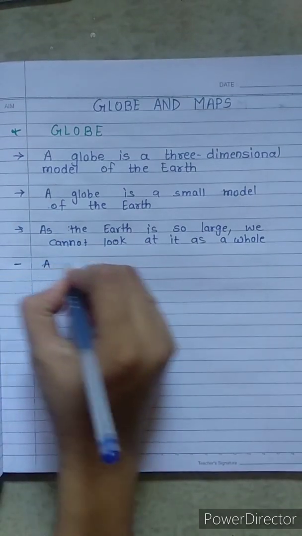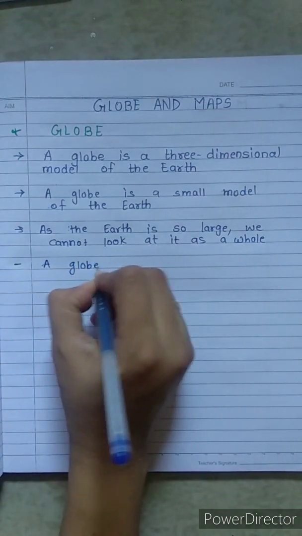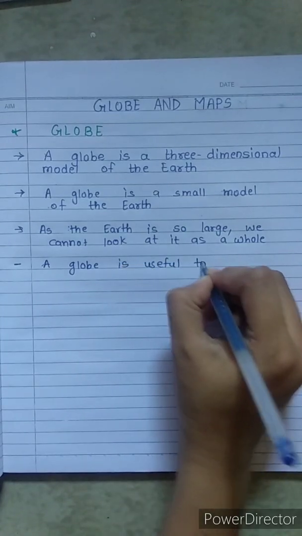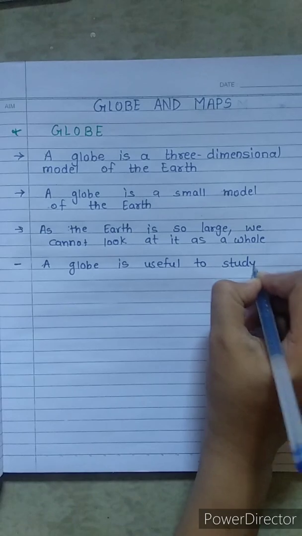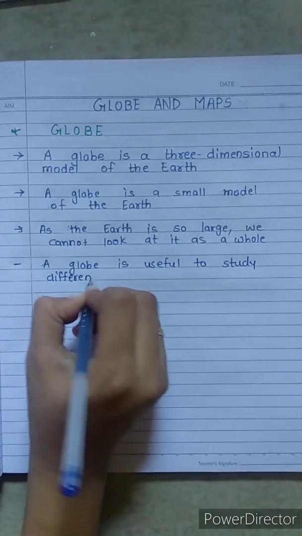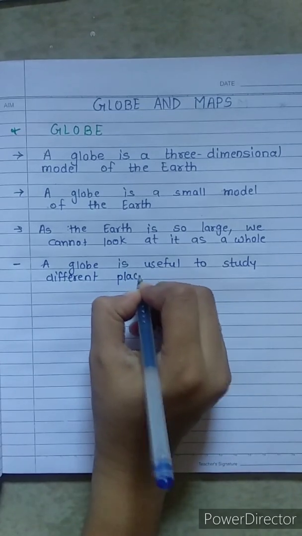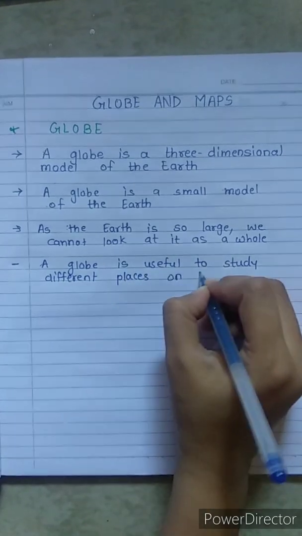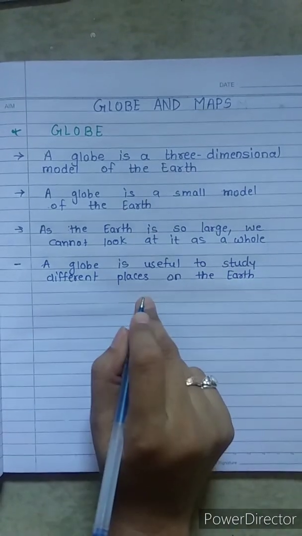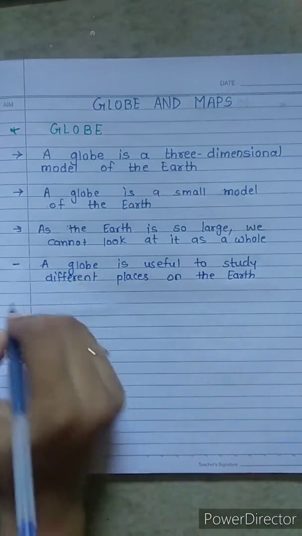A globe is useful to study different places on the earth. We can study different places on the earth with the help of the globe.